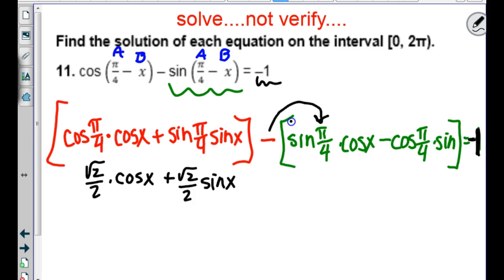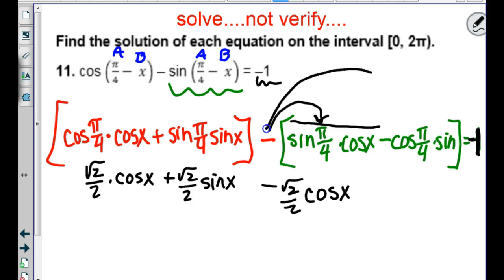This times this term right here would make it negative square root of 2 over 2 cosine of x. And then this times this one back here would make it plus, right? And this would be square root of 2 over 2 sine of x. Oh, I lost an x up there. Equals -1. Okay, that was a hot mess, but something happened that's good.